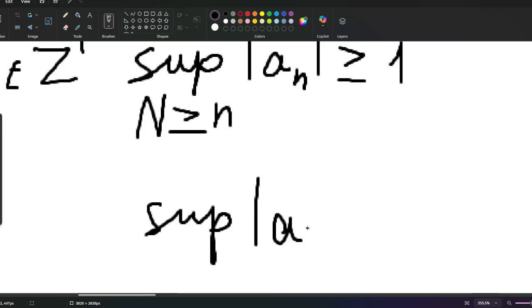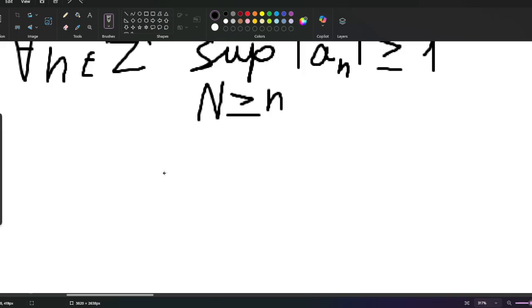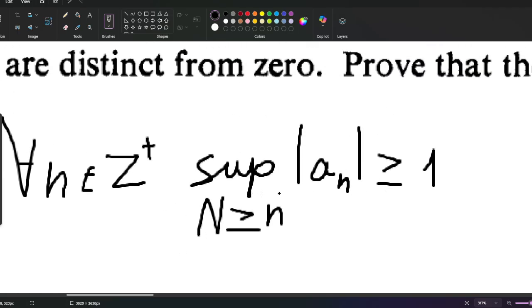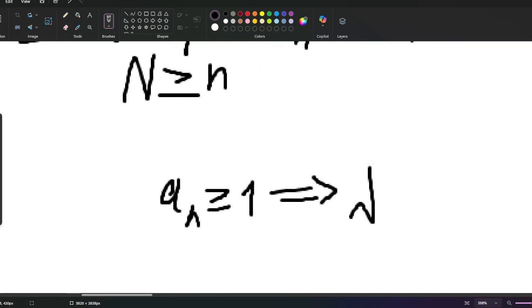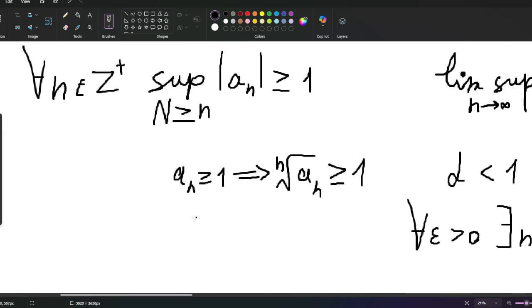Right now, since this is greater than 0, there exists some n for which the absolute value of a_n is greater than or equal to 1, which implies that the n-th root of the absolute value of a_n is going to be greater than or equal to 1.